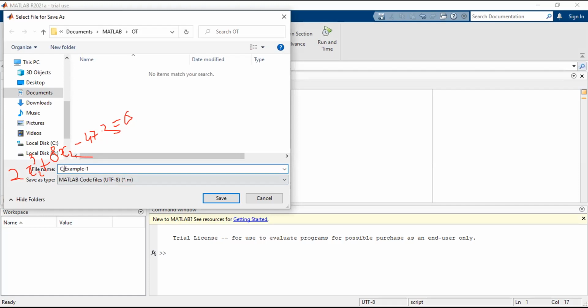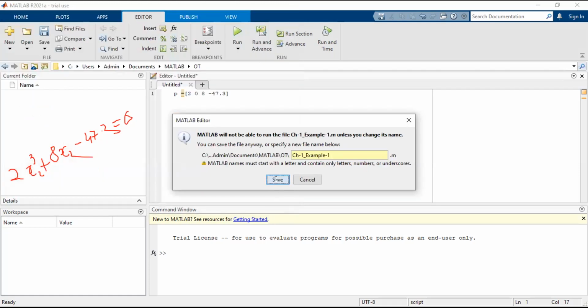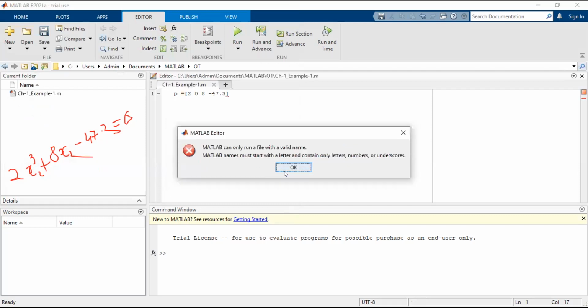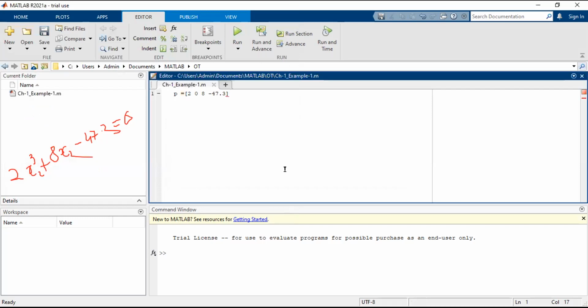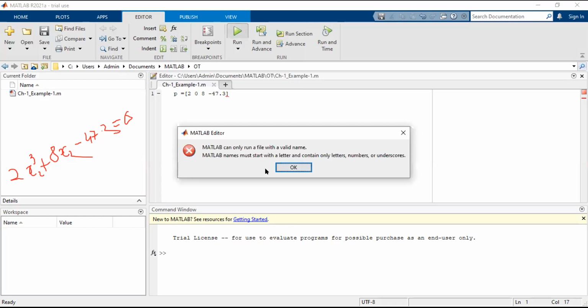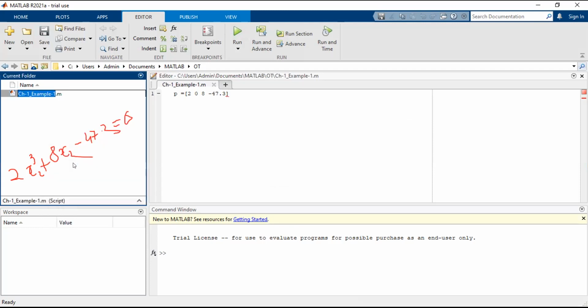Chapter 1, example 1. Okay, I have made some mistake in renaming. I have to rename it, so let me do example column B.